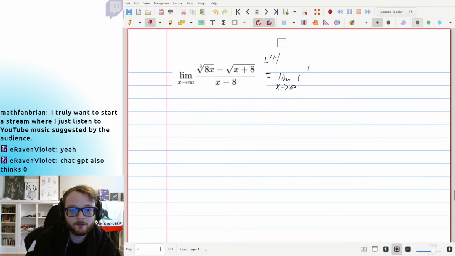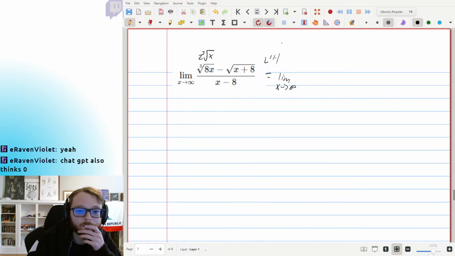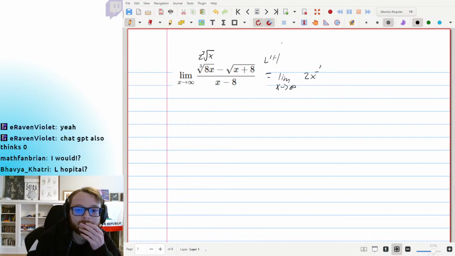Okay, you know what? For cube root of 8x, come on, whoever wrote this problem, 2 cube root x. It makes the derivative a lot easier to think about for me. Times a third.